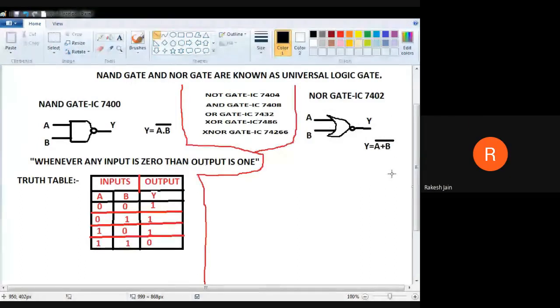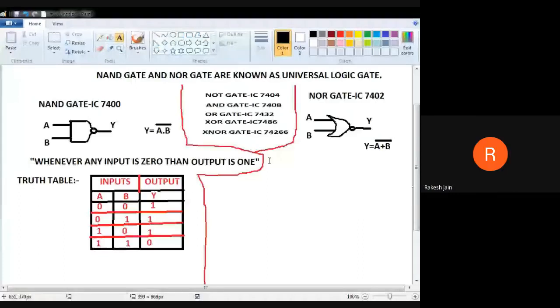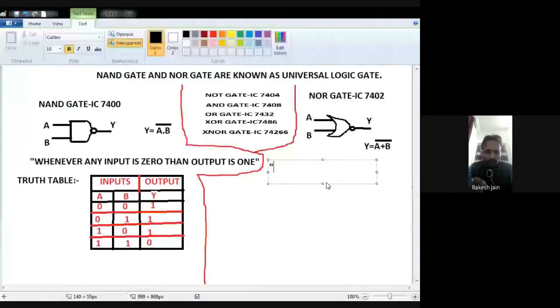The equation for the NOR gate is, remember, Y is equal to A plus B with a bar over it. A plus B with a bar over it, that is my NOR gate.